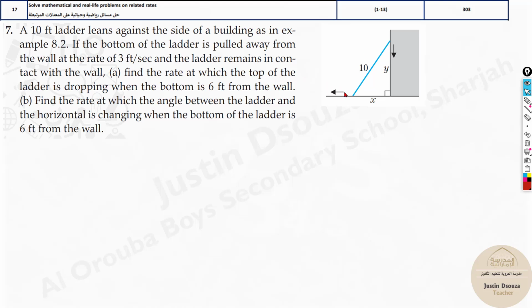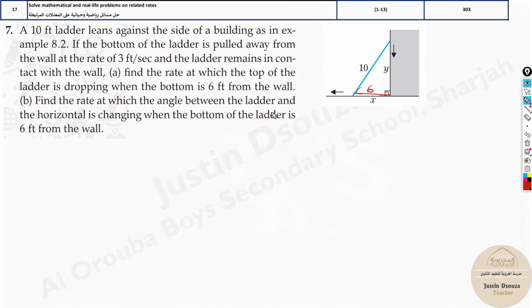If the bottom of the ladder is pulled away from the wall at the rate of 3 feet per second, and the ladder remains in contact with the wall. That means though it's moving, it's still touching the wall. We need to find the rate at which the top of the ladder is dropping when the bottom is 6 feet away from the wall. That means when this x is 6 feet, what is the rate of this change?